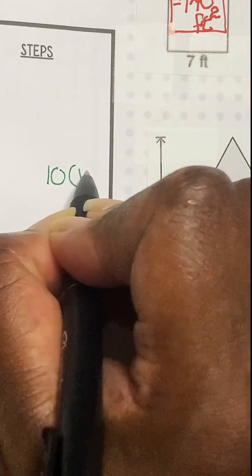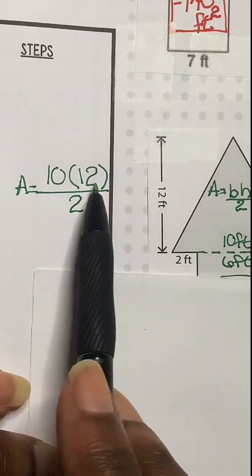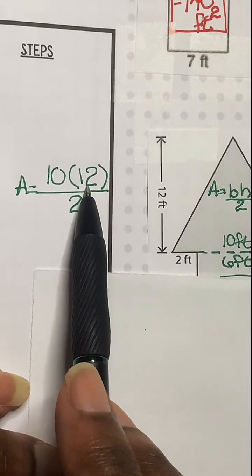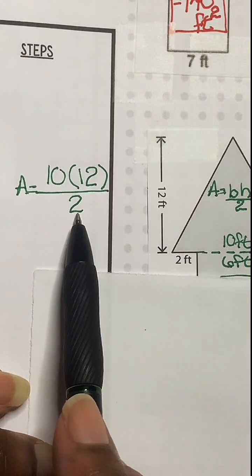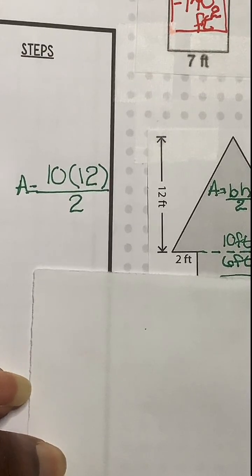Our height is 12. And we divide it by 2. So again, you can multiply the 10 and the 12, get 120, and then divide it by 2 to get your 60.